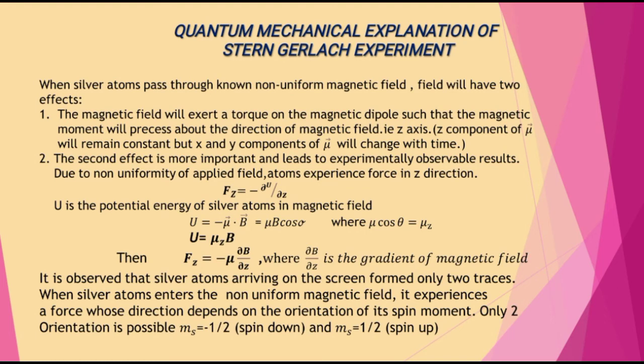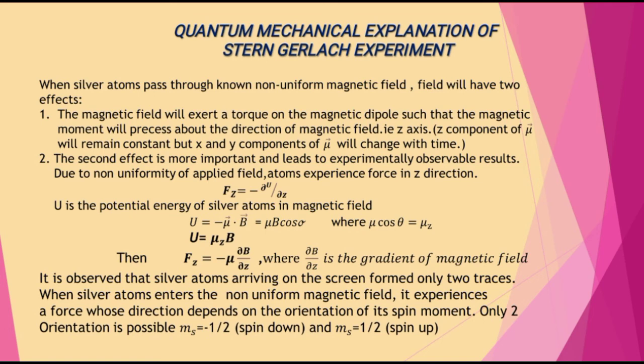We can also observe that the silver atoms arriving on the screen form two traces. We already saw that in the experimental observation. This is because when the silver atoms enter the non-uniform magnetic field, we already said that they experience a force whose direction depends on the orientation of its spin magnetic moment.